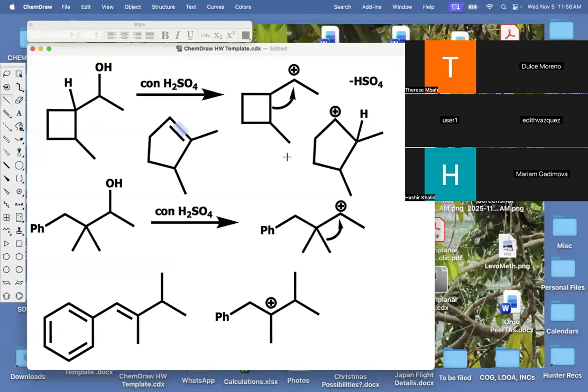So it's an E2 elimination, but with additional rearrangement. Does that make sense? Yes, sort of.